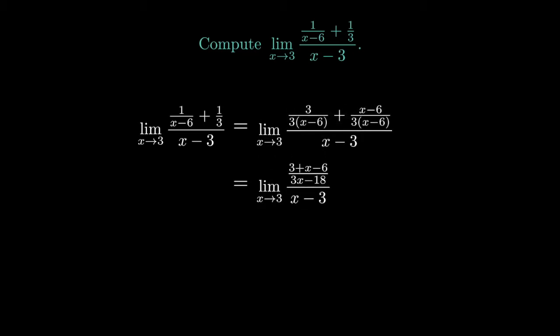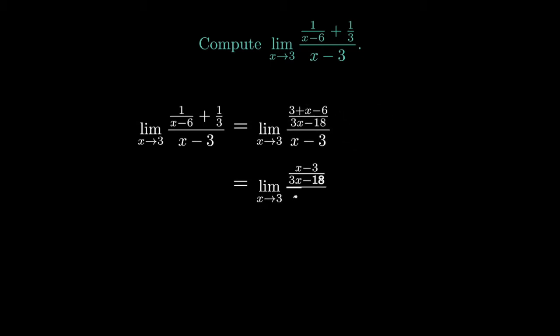This gives us x minus 3 over 3x minus 18 in the numerator. We can then cancel x minus 3's, giving us 1 over 3x minus 18, which may be evaluated at x equals 3.